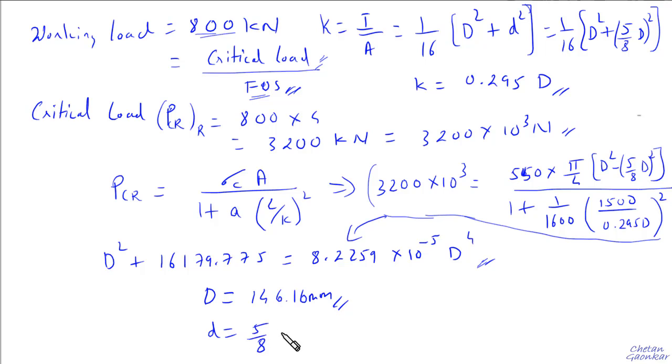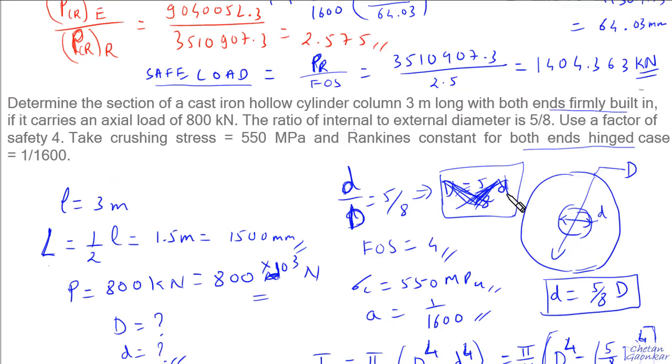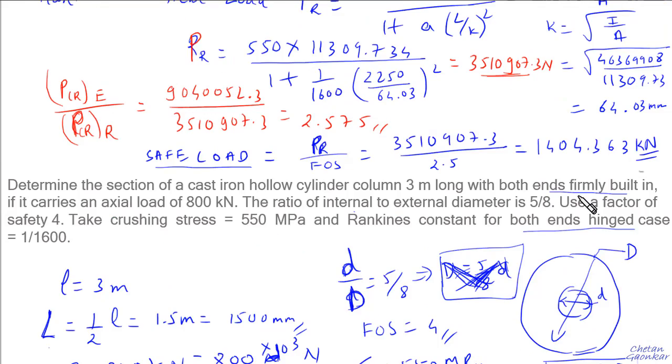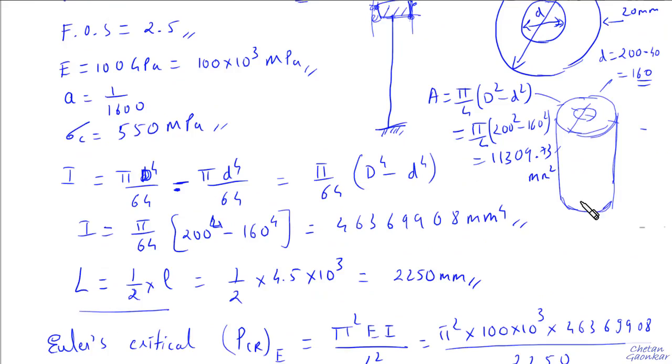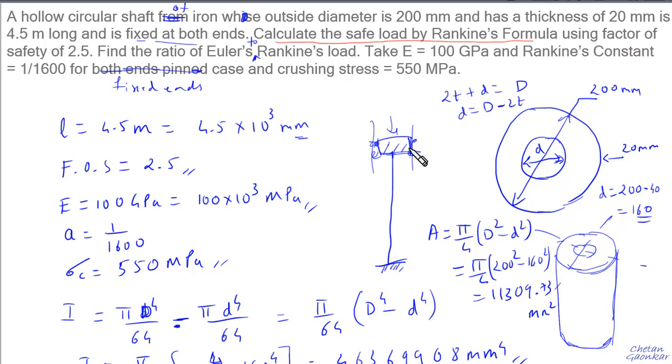Small d is 5 by 8 times capital D. Therefore we will get this small d as 91.35 mm. So this is how you can make use of the Rankine's critical load formula in order to find the dimensions, or in order to design the columns for different types of loadings with the different types of boundary conditions.